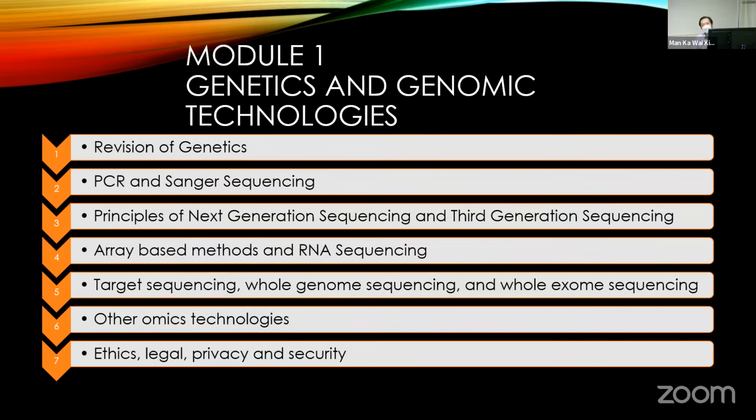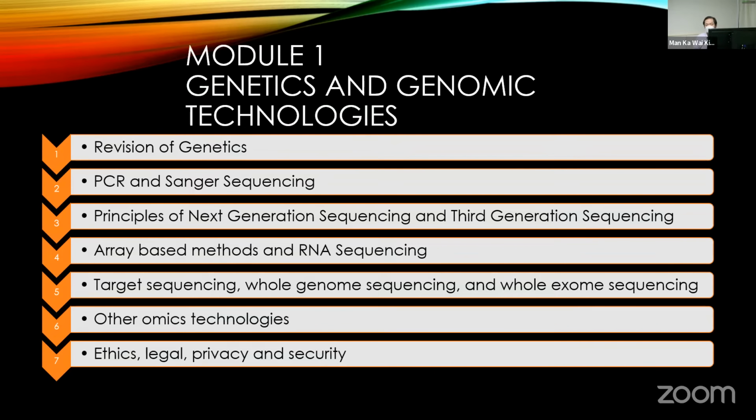Well, last but not least, the important topic: ethics, legal, privacy, and security. Once we talk about genetics and gene sequence, there is an important factor: the gene is not only linked to one person, it may link to a whole family.